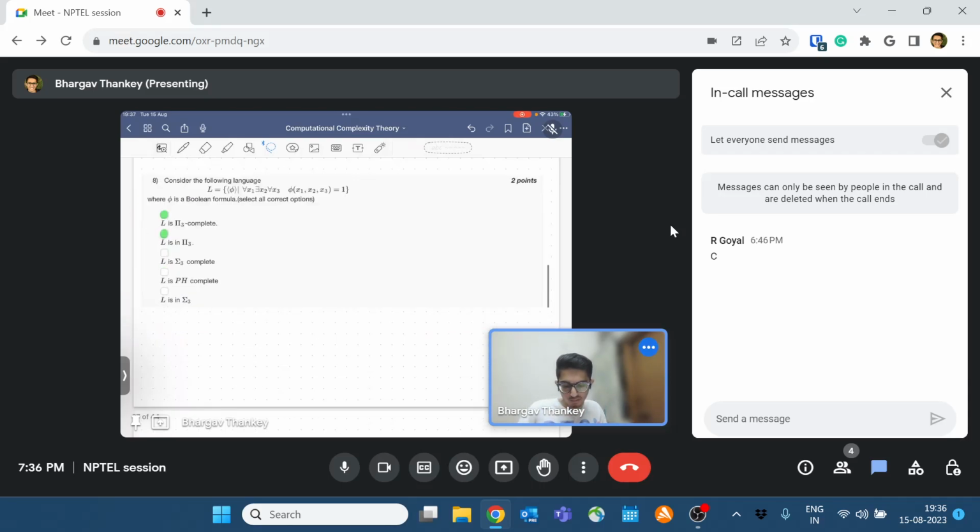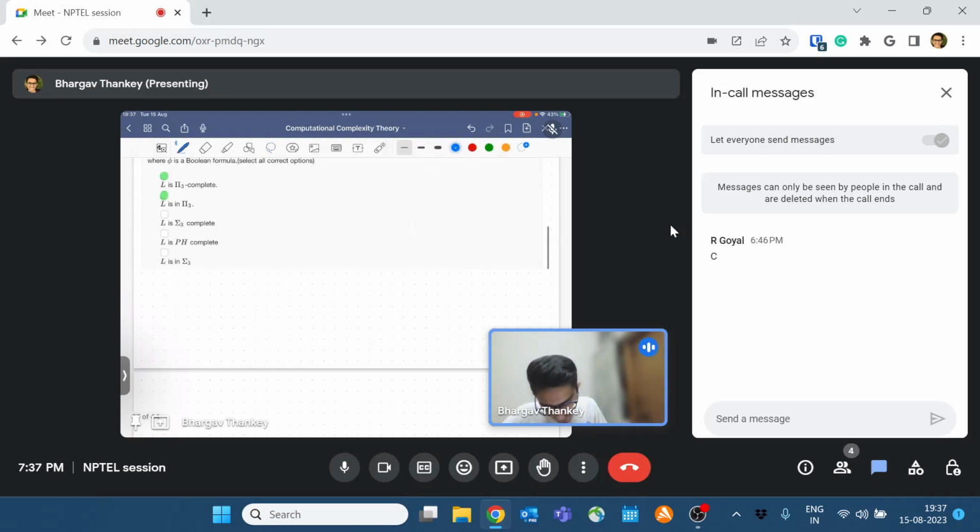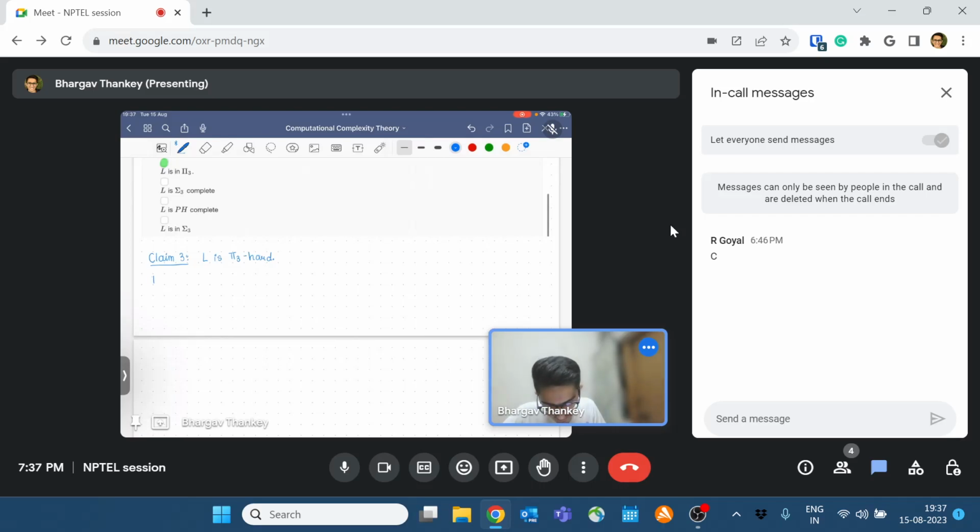Okay, so we want to prove that this is pi 3 complete, right? Let me just say L is pi 3 hard, because we already know L is in pi 3. So all we need to prove is that L is pi 3 hard, right? Yes.